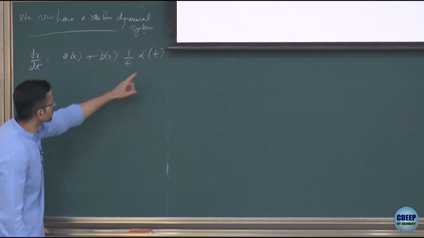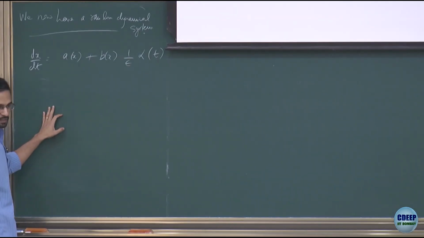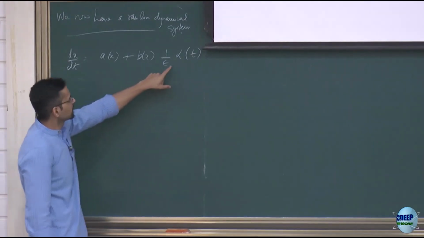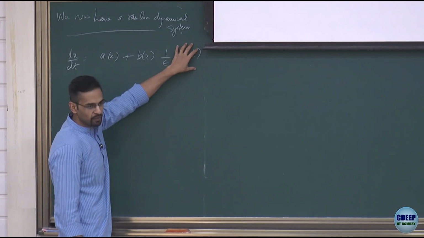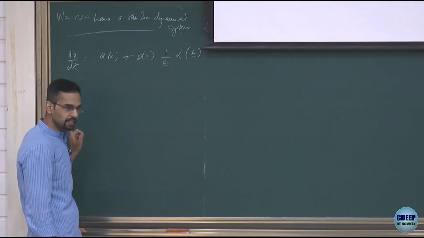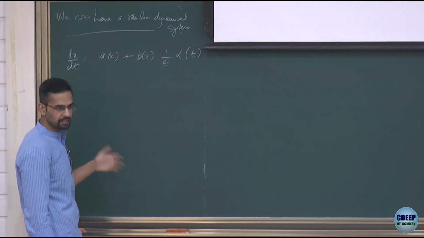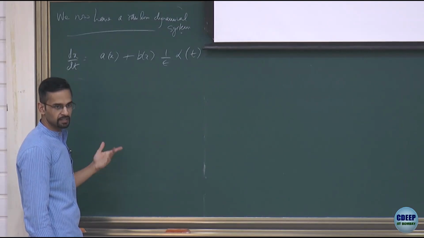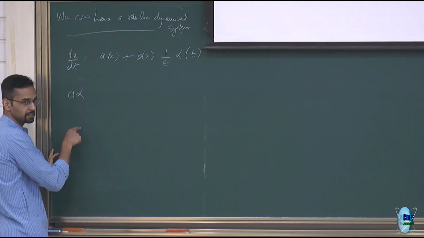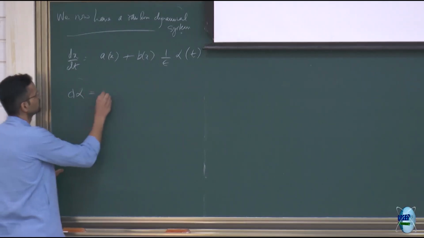Now I don't need to do that because I'm going to write the equation for alpha as an SDE. So I should leave alpha as it is here because it's like a variable. And I'm going to write another equation for alpha. That equation should be scaled in such a way that its dynamics are much faster. That's the natural way of doing it. So I will now have an equation for alpha, but this is an SDE. It is not an ODE.